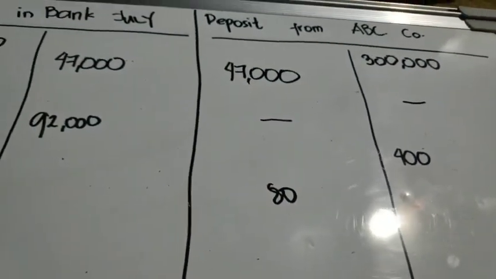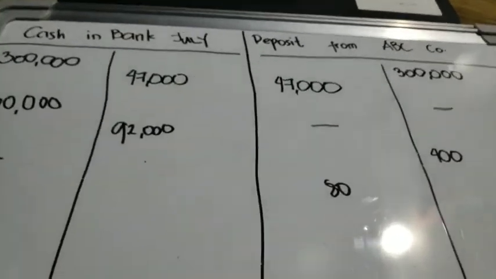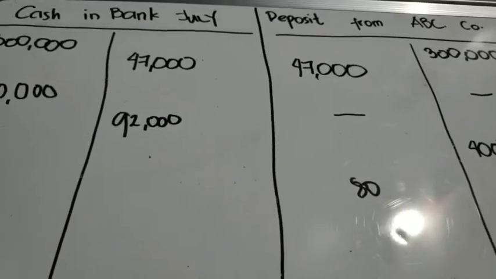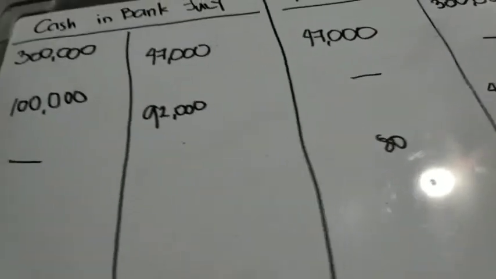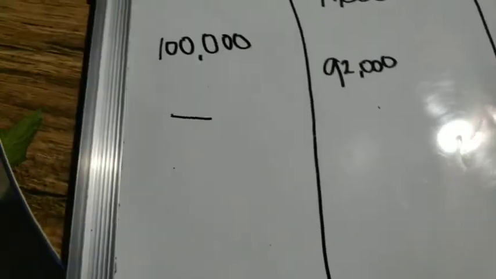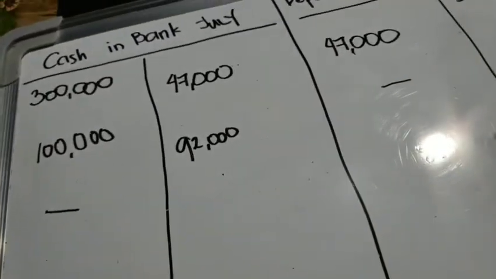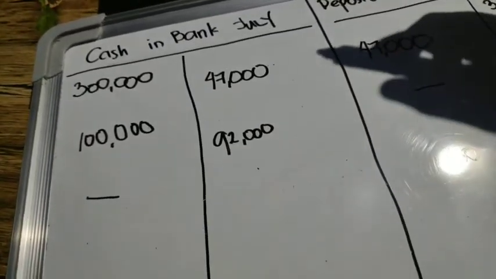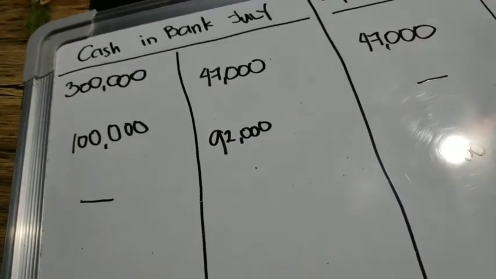And then, the company knew that there is a deducted 80 pesos to the bank account sa August na. So, hindi mo yan mare-record dito sa cash in bank, kasi hindi mo naman yan nalaman during the July month. You had known it on the August month.